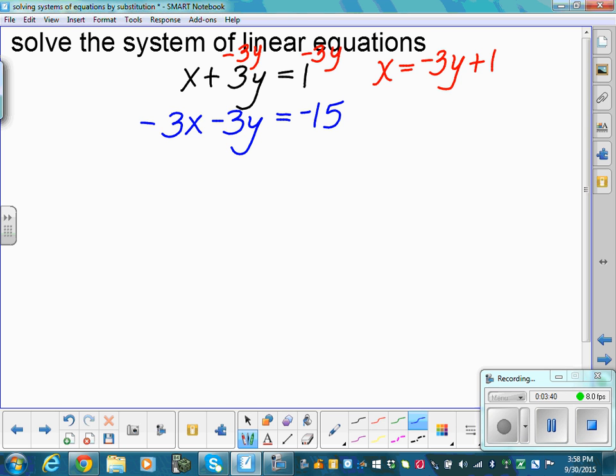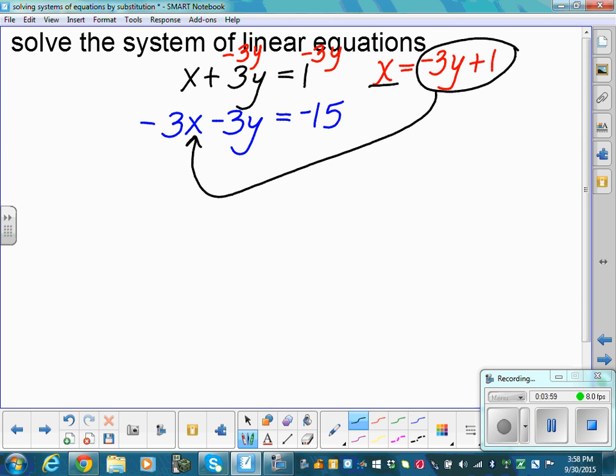Now once you've done that, you're going to take what you've got and substitute it into the other equation wherever there's that variable. Notice, in this problem, I solved for x. So I'm going to take that and substitute it into the other equation wherever there's an x. So I'm going to write down what I have: negative 3 times x.